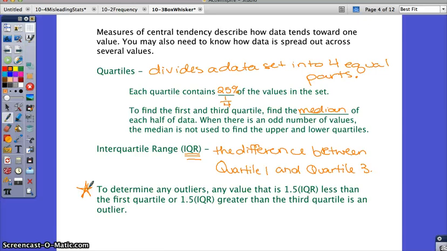Any number outside of that would be an outlier, okay? So you don't actually have to officially check for outliers this year, but I just wanted to show you that there is a formula that you could use.